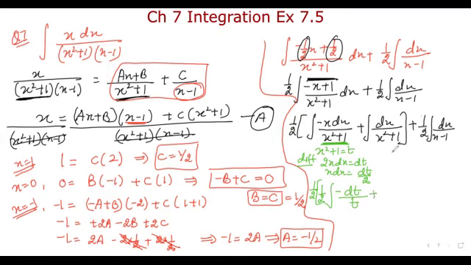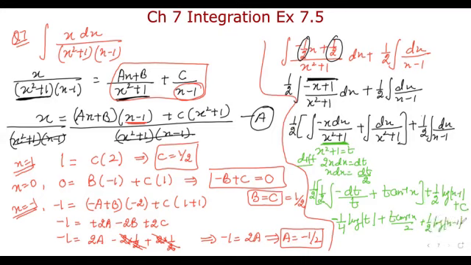Plus integration of dx, this is tan inverse x, the direct formula, plus half log x minus 1 plus c. So 1 by 2 will become 1 by 4 minus log t plus tan inverse x upon 2 plus half log x minus 1 plus c.